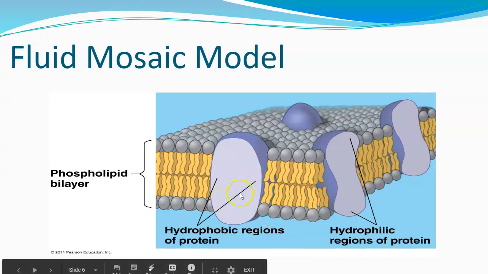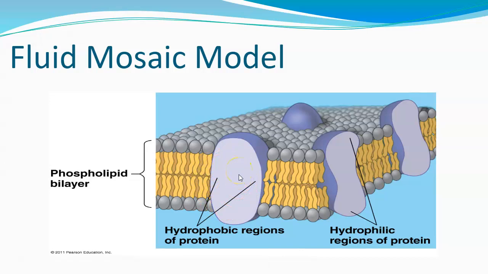In terms of the protein, the hydrophobic parts of the protein are going to be towards the interior, which makes sense. It's hiding away from water. And the hydrophilic regions are going to be the ones on the surrounding portion, where they are more exposed to a water environment. And as we know, when proteins fold into their 3D structure, the tertiary part is where the R groups interact and form these proteins.